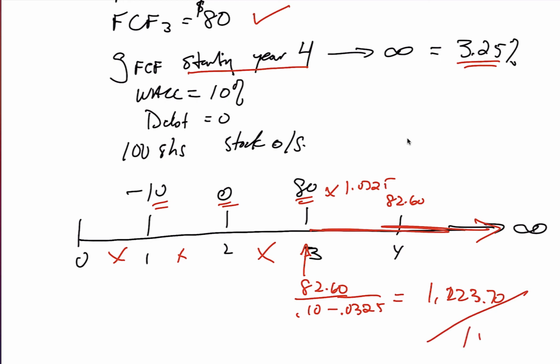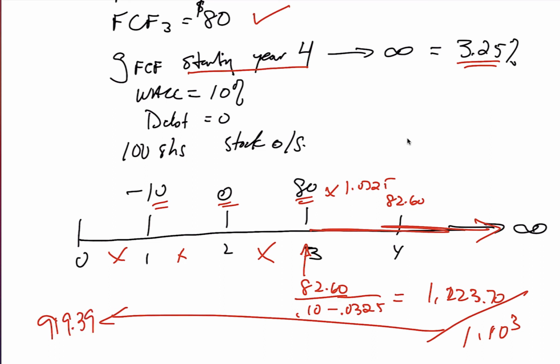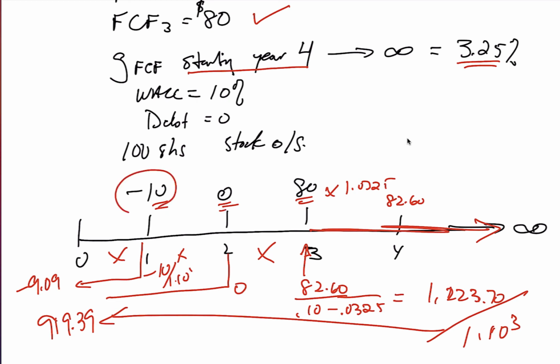So 1.10 to the third power gives me 919.39. You don't have to worry about discounting this cash flow. It's 0. And this cash flow is basically minus 9.09. You take the -10 divided by 1.10 to the 1 power. Treat these cash flows, whether negative or 0, just like you would any other cash flow.